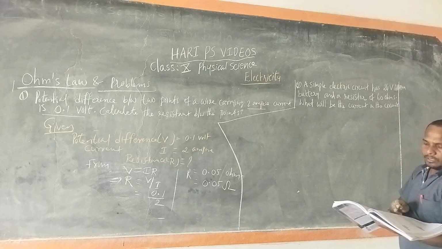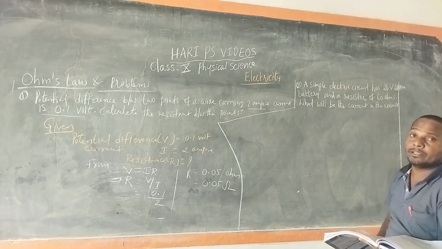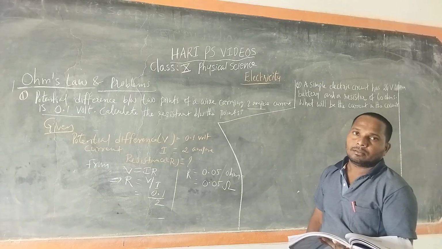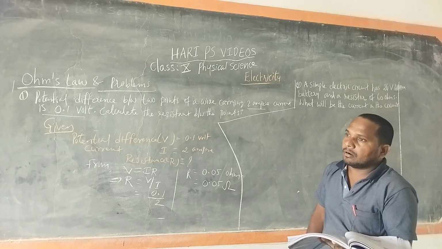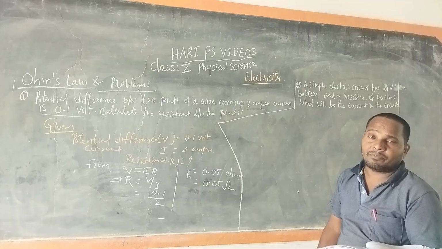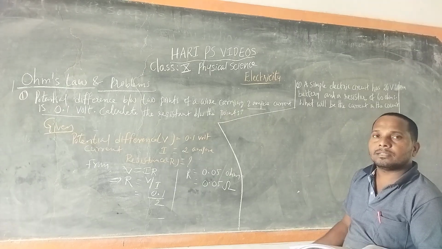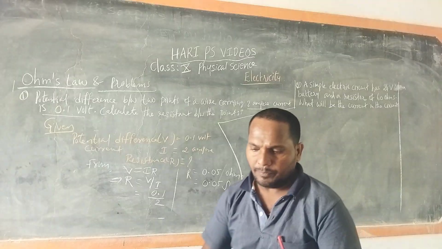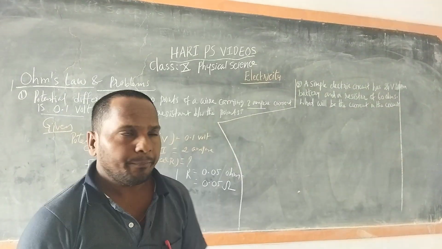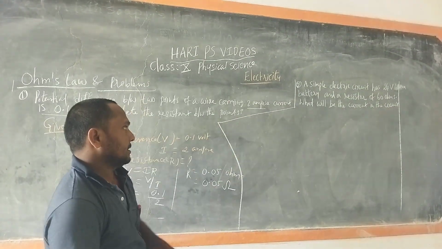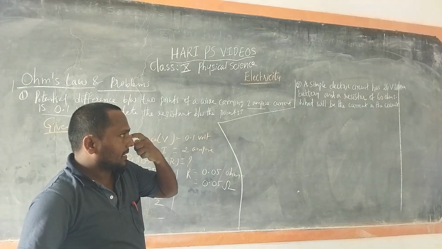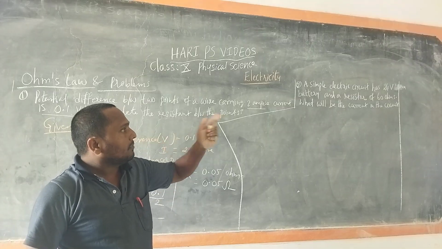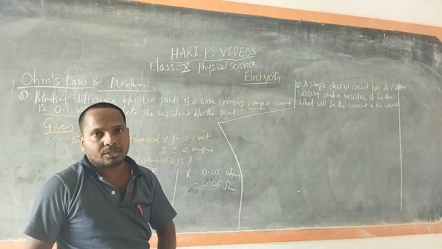In this problem, the resistance of connecting wires is negligible. Connecting wires are also conductors of electricity, so their resistance is negligible. Then find out the electric current. What will be the current in the circuit?